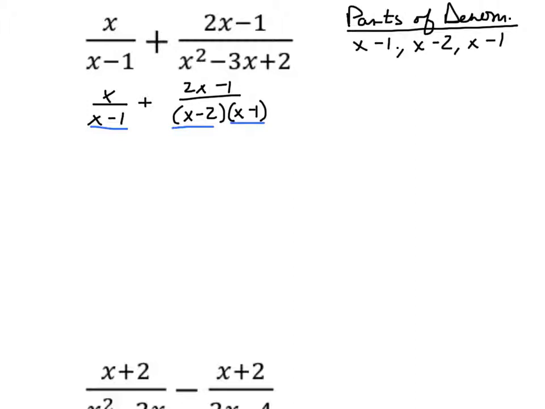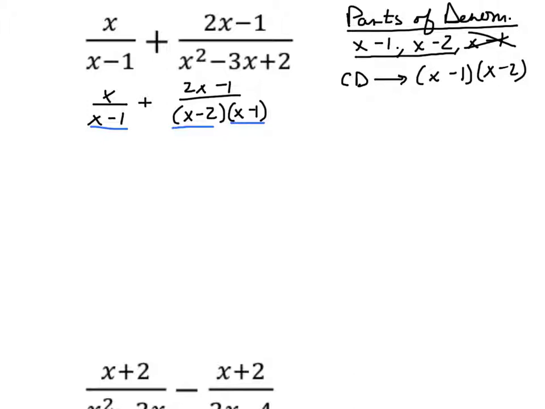Now, because I have two parts that are the same, I don't need to have multiple things, so I'm going to cross one of these out. This right here is going to be my common denominator: x minus 1 times x minus 2.